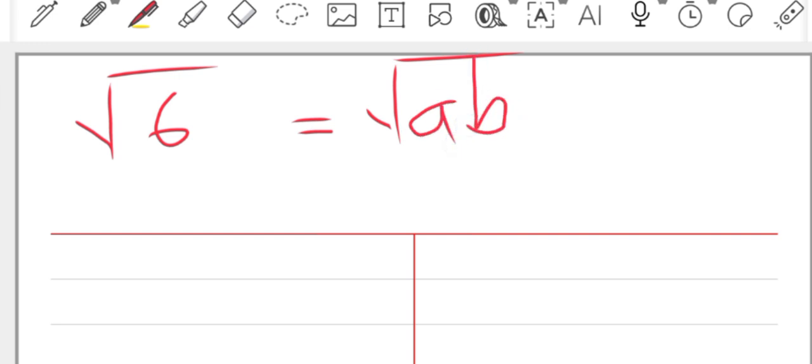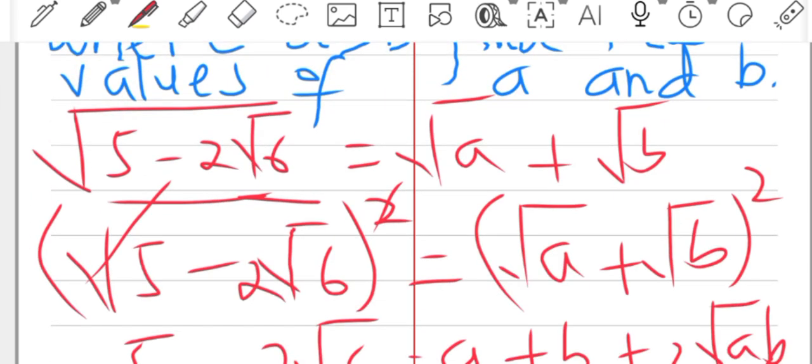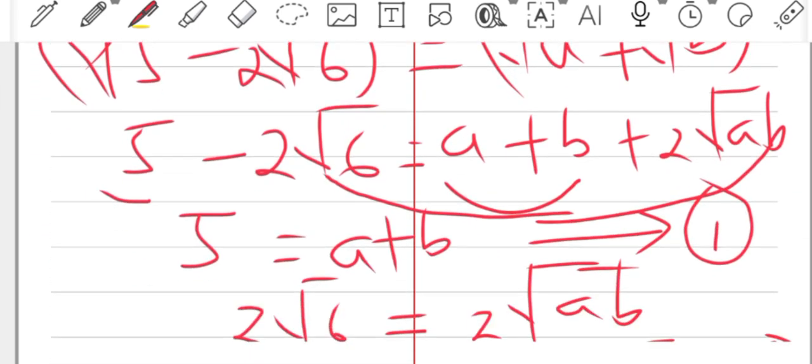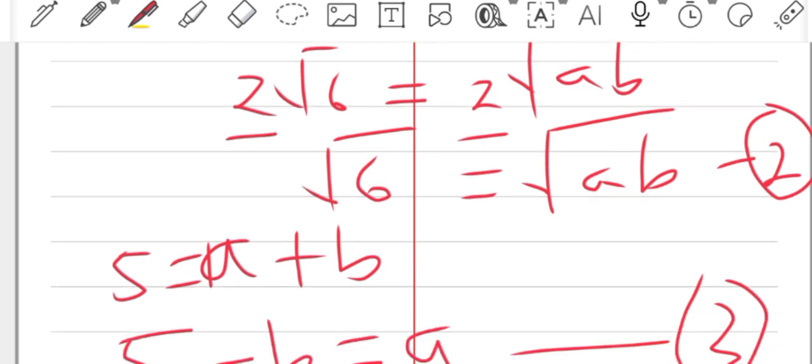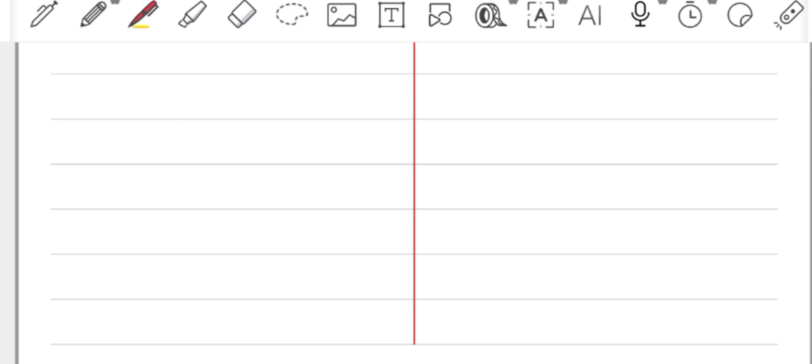Remember from our equation 3, we now have a equal to 5 minus b. So in view of that, we go back and check.